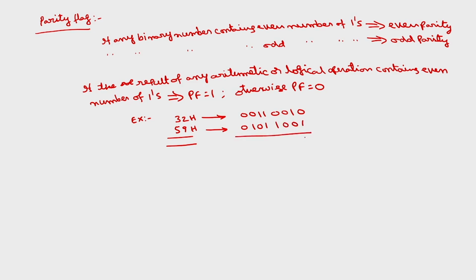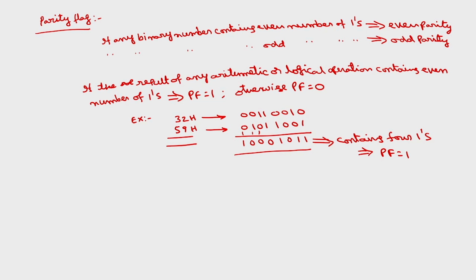If we add these, the result contains 4 ones. So the parity flag is set, because 4 is an even number. It contains an even number of ones, so the parity flag is set. This is a simple flag.